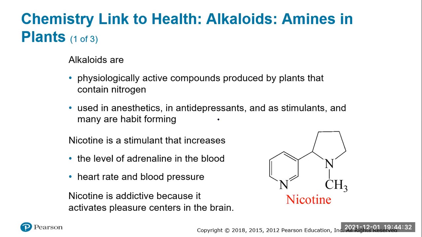Some alkaloids are compounds that are produced in plants that do contain these amine groups and these nitrogen groups. Used in anesthetics, antidepressants, and stimulants, nicotine, for example, here. Again, we see our amine group attached. This is actually a tertiary amine, 1 carbon, 2 carbons, and 3 carbons in that case.